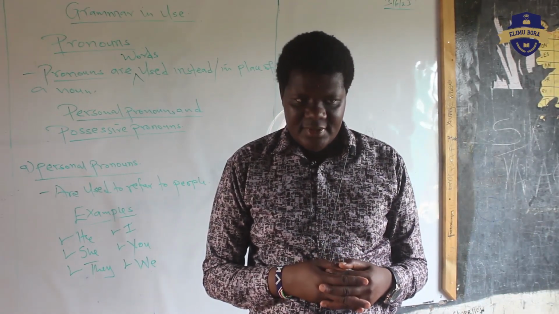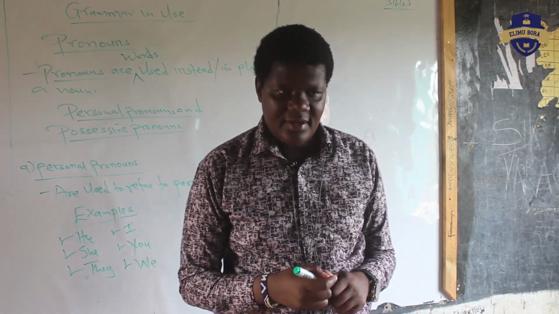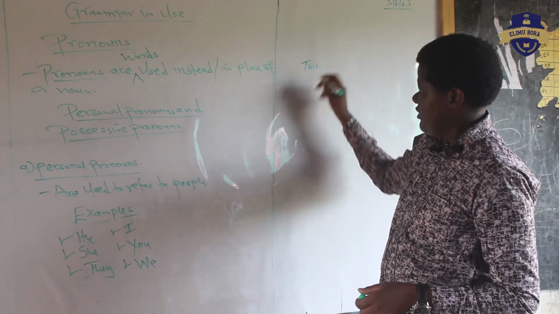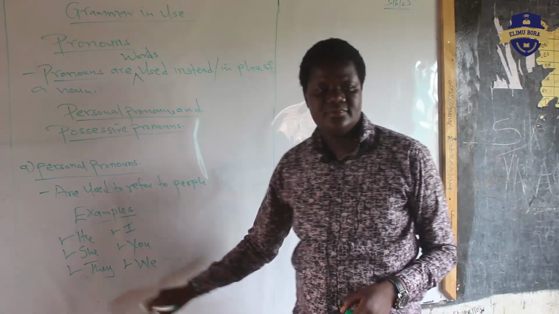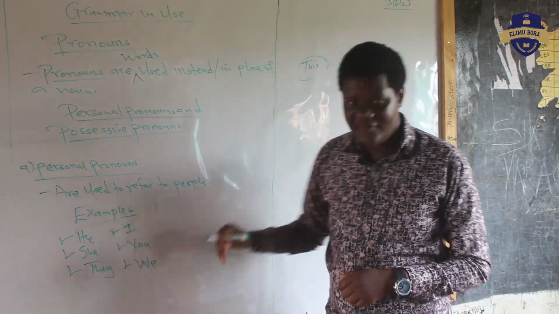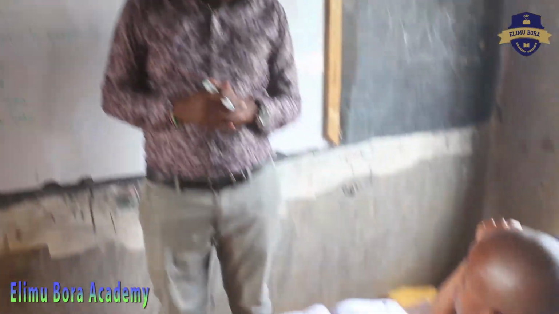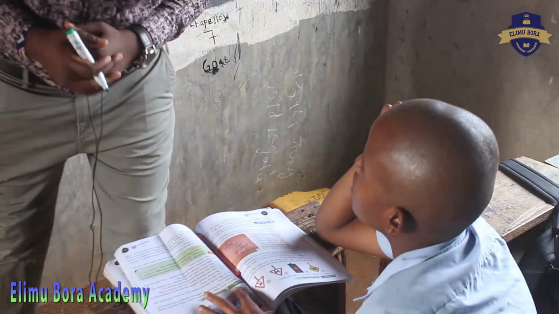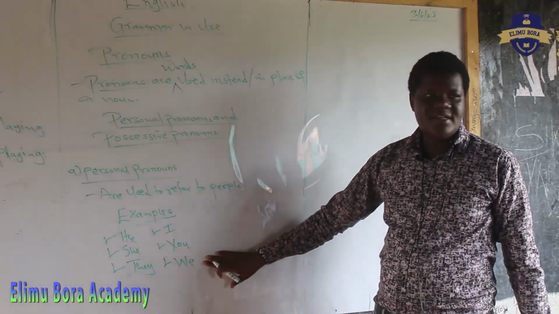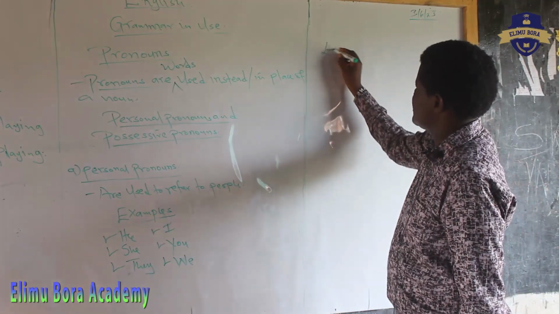This dog is mine. No, you have said this dog. Use one of these ones. Munir. Munir is saying she is cooking. She is cooking. So, examples in sentences.